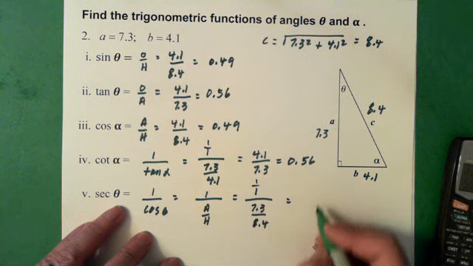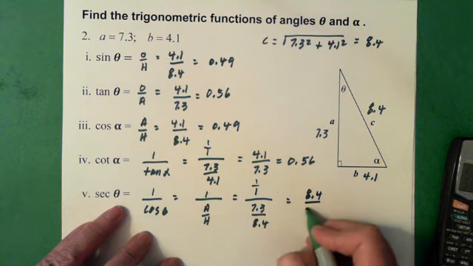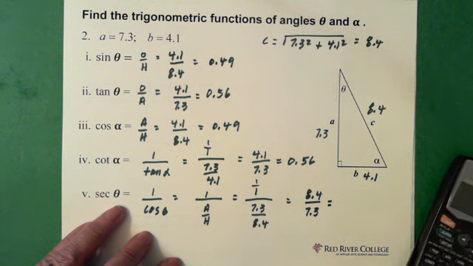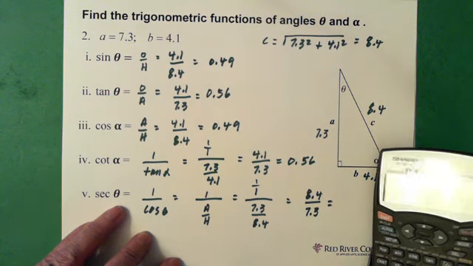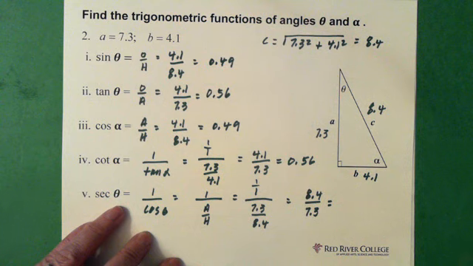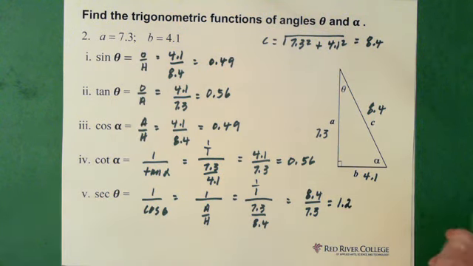So this bottom one flips, and we end up with 8.4 divided by 7.3. And 8.4 divided by 7.3 equals 1.2. So 1.2. All right.